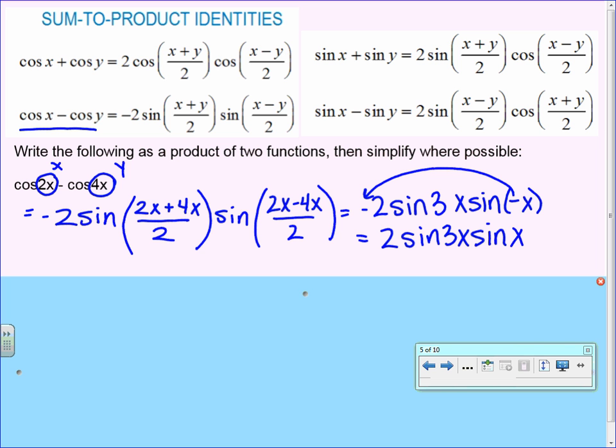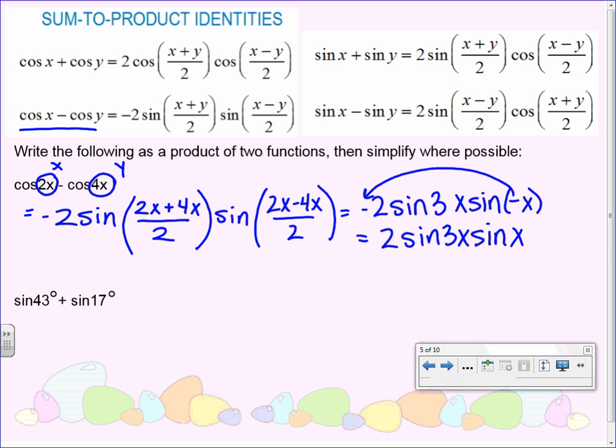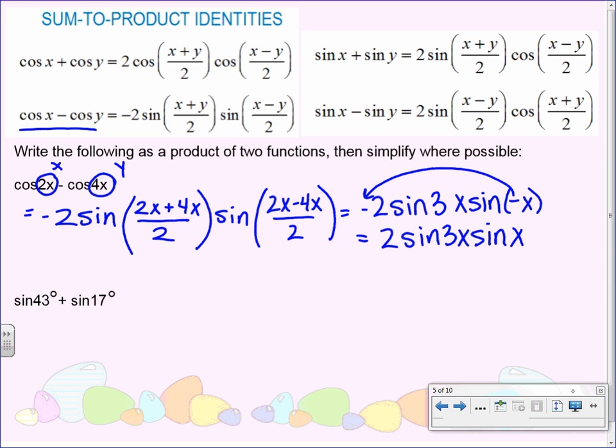All right. Let's try one with numbers. This one is sine 43 degrees plus sine 17 degrees. I have a sine plus a sine, so I'm using sine x plus sine y on my sheet.